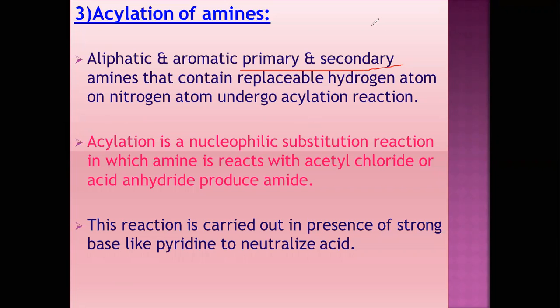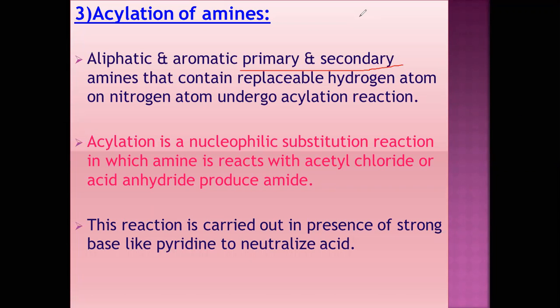Okay, this is a very, very important term. In the exam you can also be asked why tertiary amine does not give this acylation reaction and why primary and secondary amine give this acylation reaction. What is the reason behind it? So you should know about that.